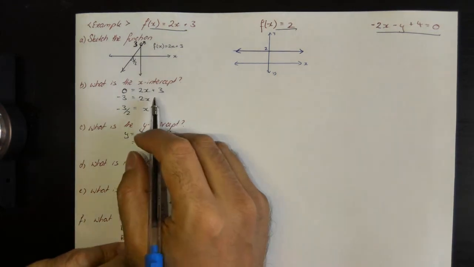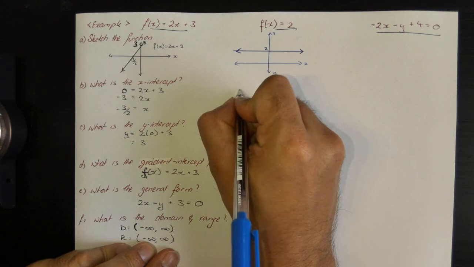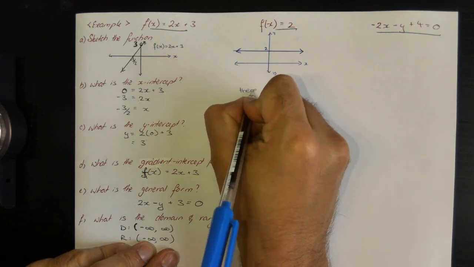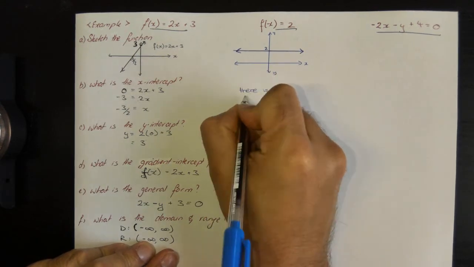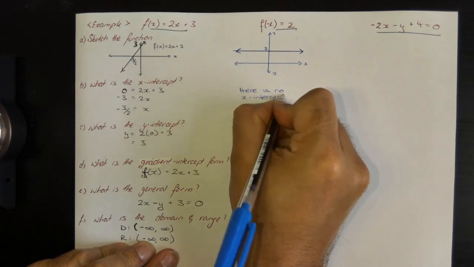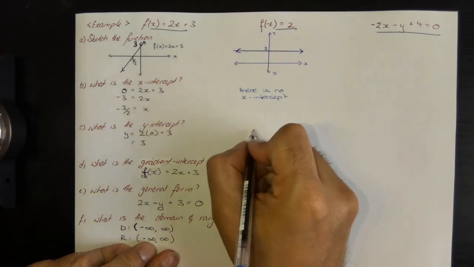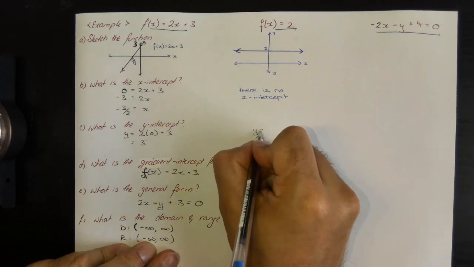Okay, so the x-intercept in this situation, it never crosses the x-axis. So there is no x-intercept for this one. The y-intercept, however, is at y equals 2.